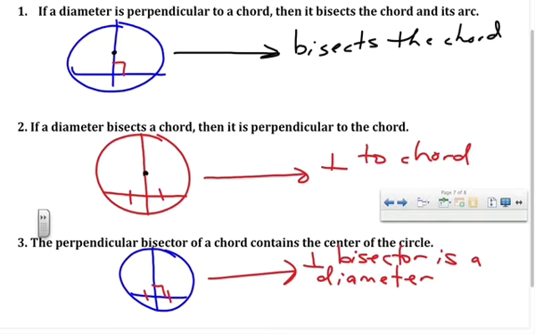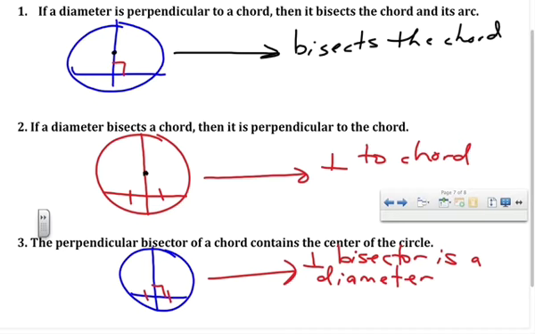Some of these properties may seem kind of, well, duh, it's true. But what they allow us to do is to use one to conclude the other. Wildly straightforward lesson. You'll have plenty of time to get started on your assignment.